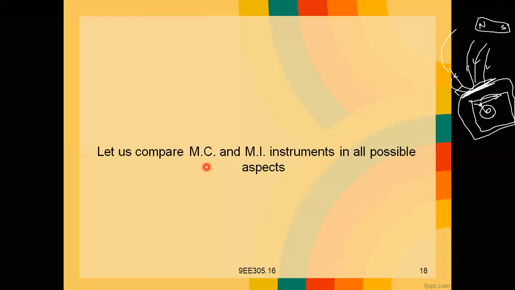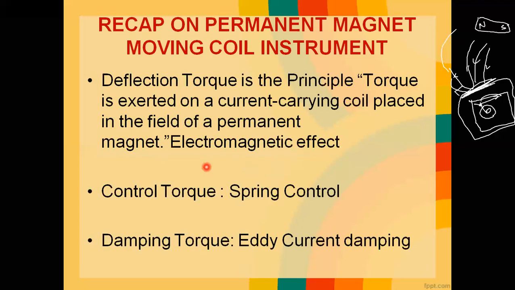Let us just have a quick recap on moving coil instrument so that our comparison is easily understandable. So coming to the recap of permanent magnet moving coil instrument, the deflection torque principle is: the torque is exerted on a current carrying coil placed in a magnetic field.